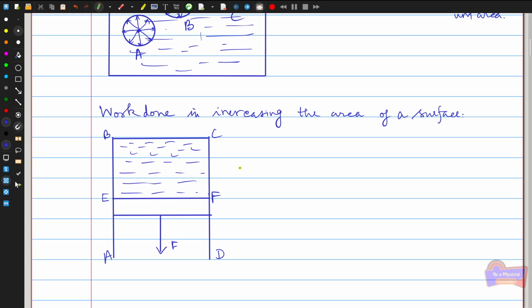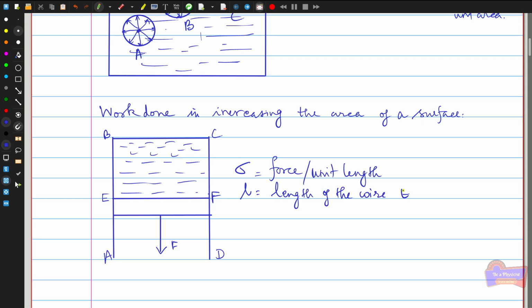Suppose sigma is the surface tension, that is, the force per unit length, and L is the length of the wire, that means the length of the horizontal wire EF. Then the upward force due to this surface tension can be written as 2 times L into sigma.